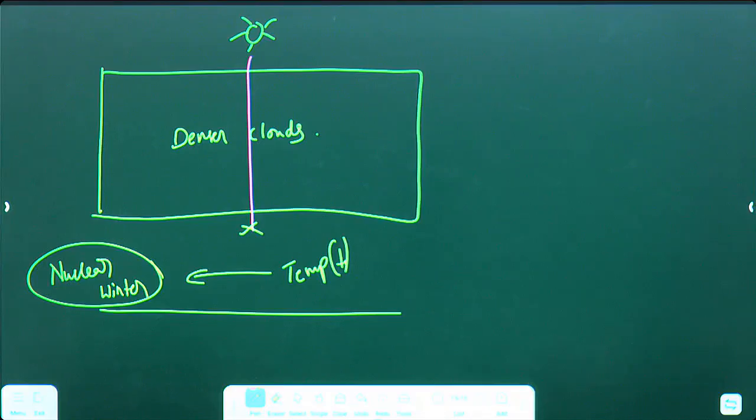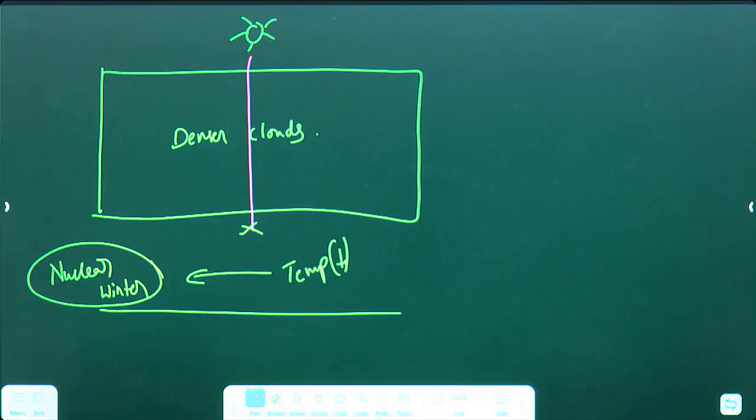That's how winter-like situations will be created over there. And this is called nuclear winter.